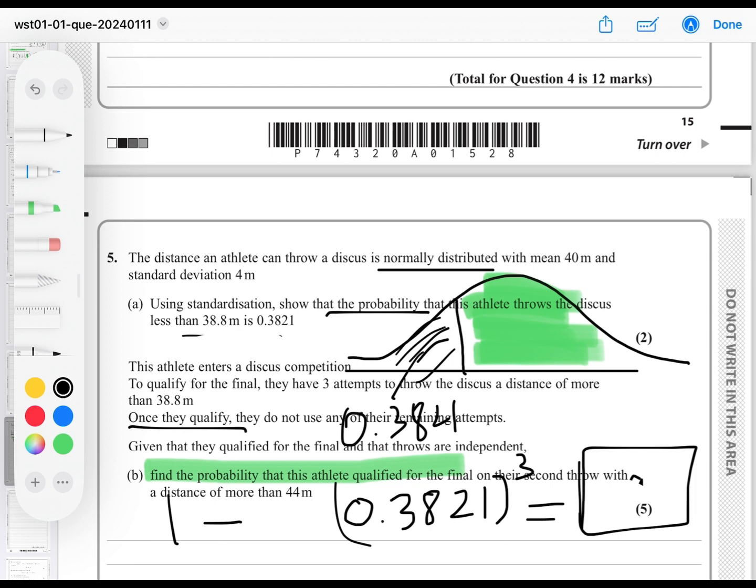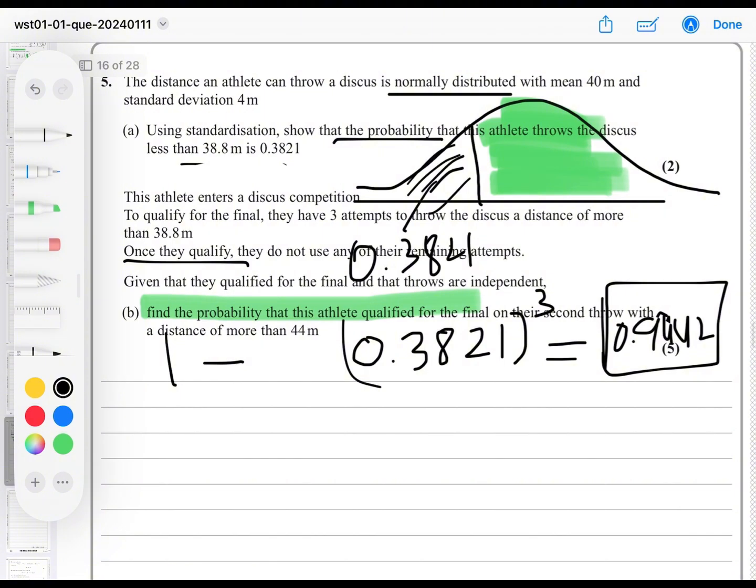By doing this I got the probability of qualification, which will be 0.9442. This is the first thing they asked for. Now, find the probability that this athlete qualified for the final on their second throw.